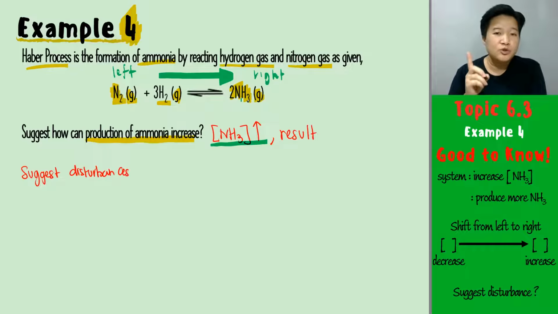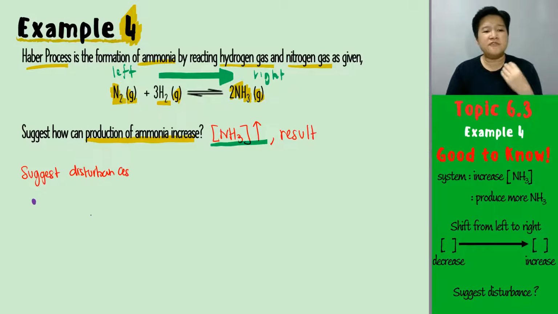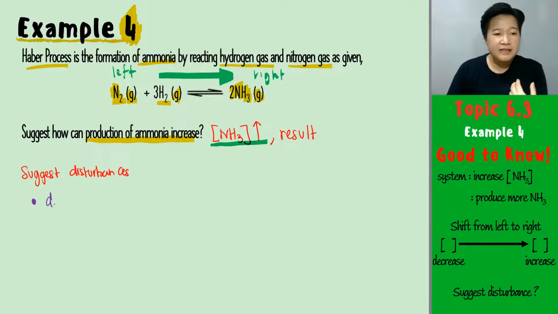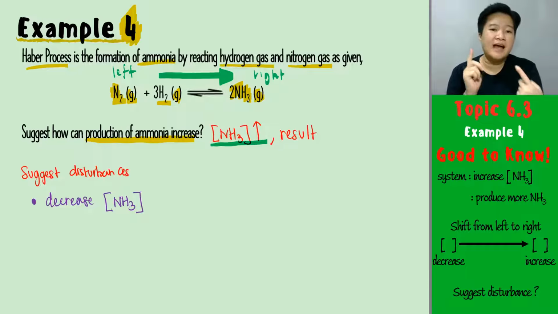Okay, so you are the one that needs to suggest the disturbance. What disturbance can you make so that your equilibrium position is shifting from the left to the right, and also the concentration of ammonia would increase at the end of the disturbance. Okay? So the very first disturbance that I can suggest is as simple as decrease the concentration of ammonia. Alright? Bear that in mind. The disturbance and the system is always going against.